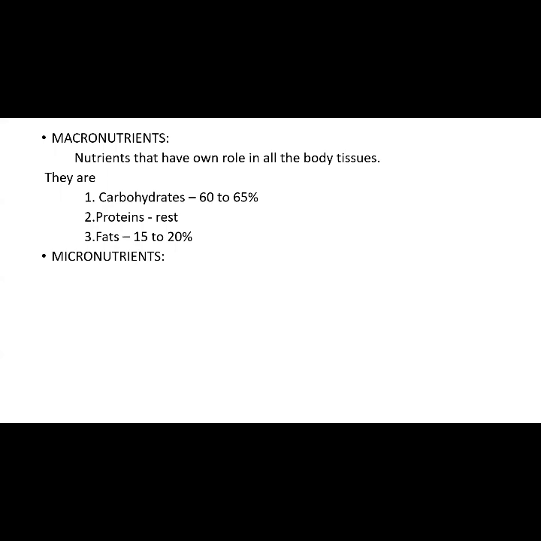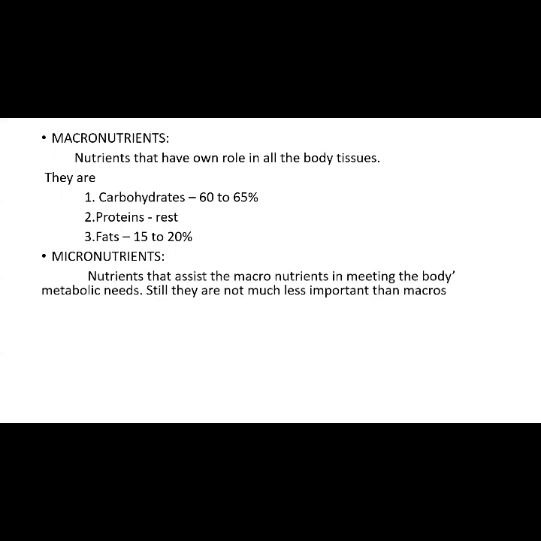Still, they are as important as macronutrients. They are vitamins and minerals. These vitamins and minerals act as cofactors and coenzymes for many biological reactions that occur in the body. But vitamins and minerals do not require any special sort of digestion.